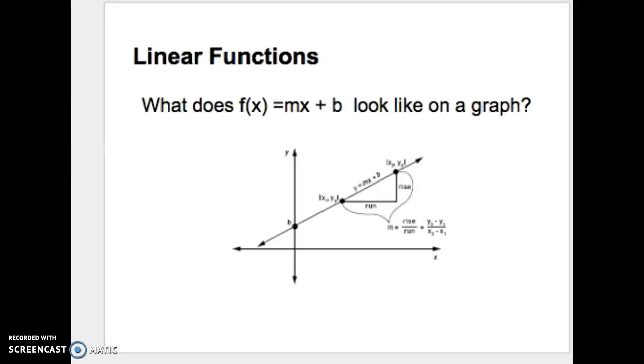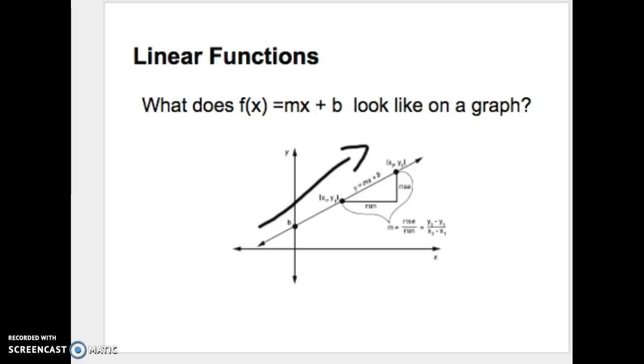Linear functions from last year in Math 9 are straight lines. That's what linear means. So if we take a look at the basic function, f of x equals mx plus b, we have a straight line going from left to right in an increasing fashion.